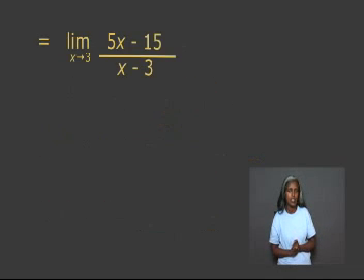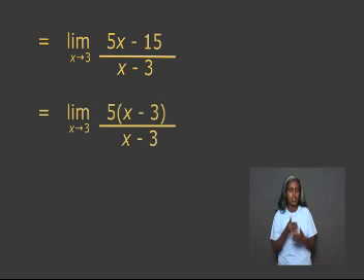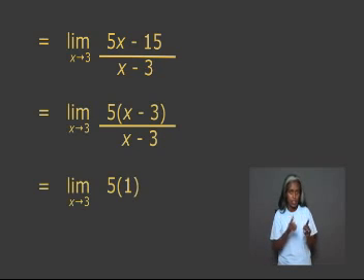The limit of 5x minus 15 over x minus 3 as x approaches 3 gives us a final answer of 5. Therefore, we can conclude that the derivative of the function at 3 is equal to 5. Well done, everyone.